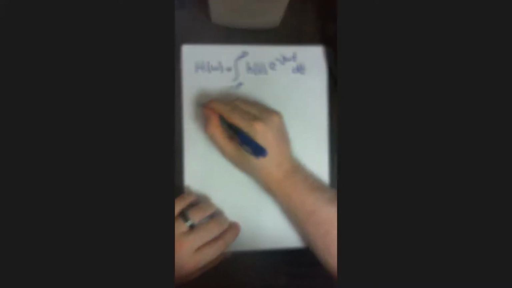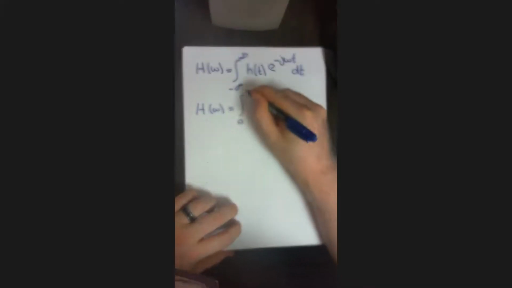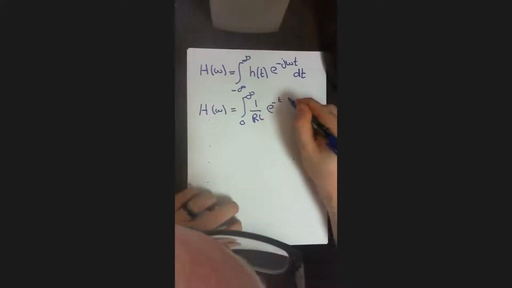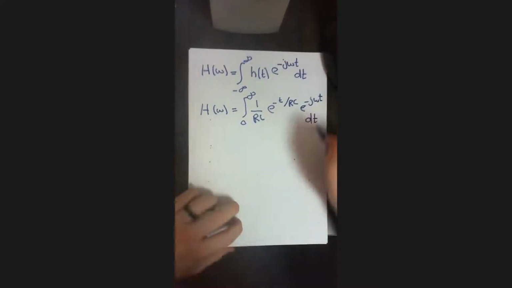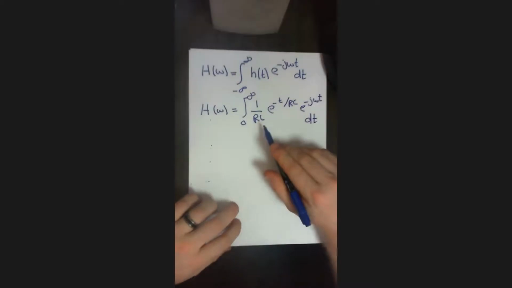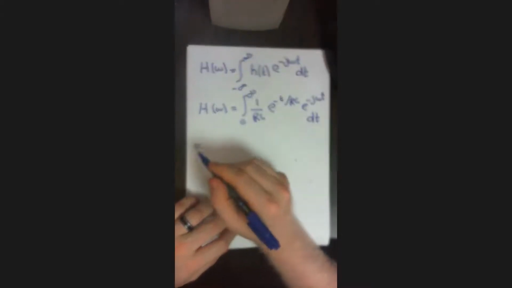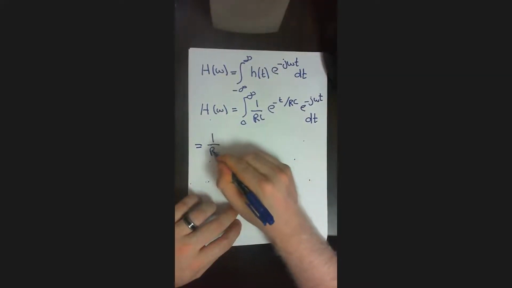So we will say h of omega equals the integration from 0 to infinity of 1 over RC e power minus t over RC times e power minus j omega t dt. Here, 1 over RC, of course, is a constant with respect to the integration, which is with respect to time. So we have to take it outside the integration.